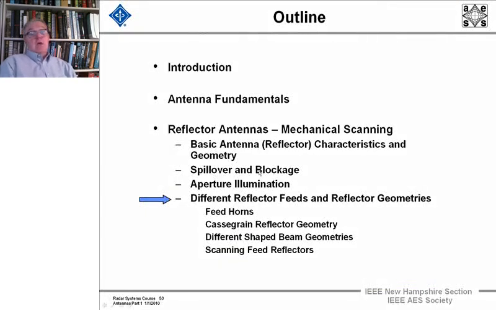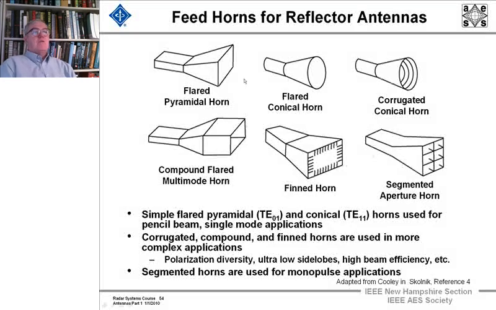Now, not only do we have these trade-offs, but we've got different reflector feeds and reflector geometries, if we haven't had enough with the reflector itself. The feed horns come in all different sizes and shapes.